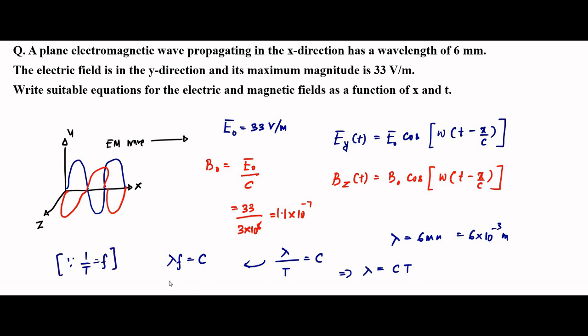Lambda f is equal to c, that implies f is equal to c by lambda.